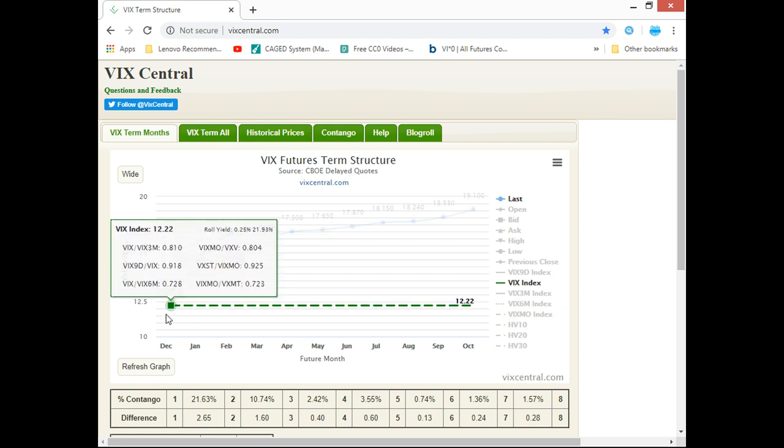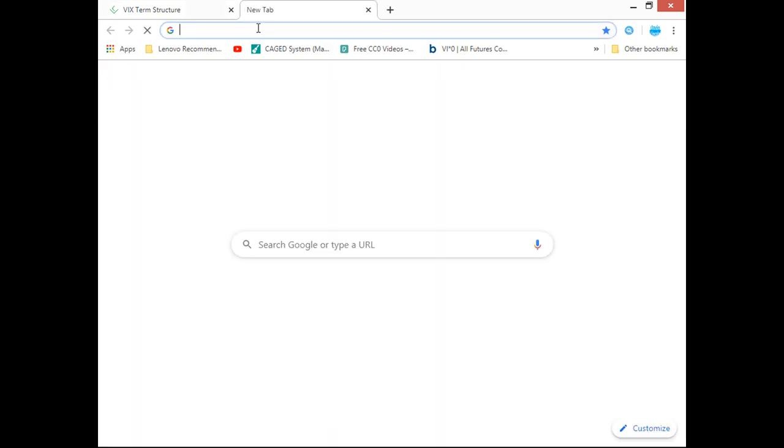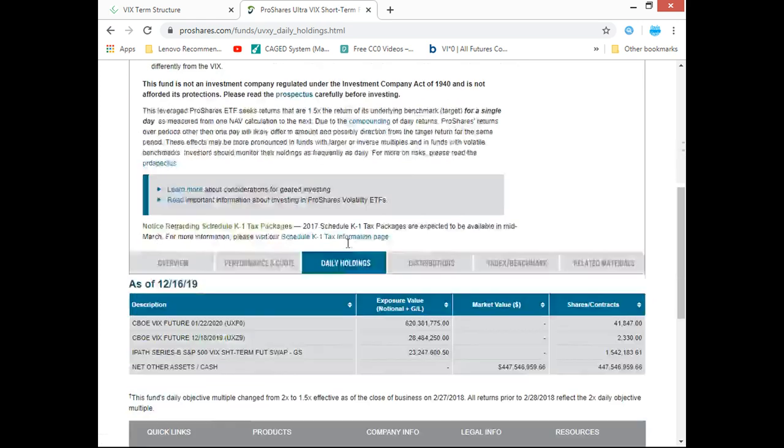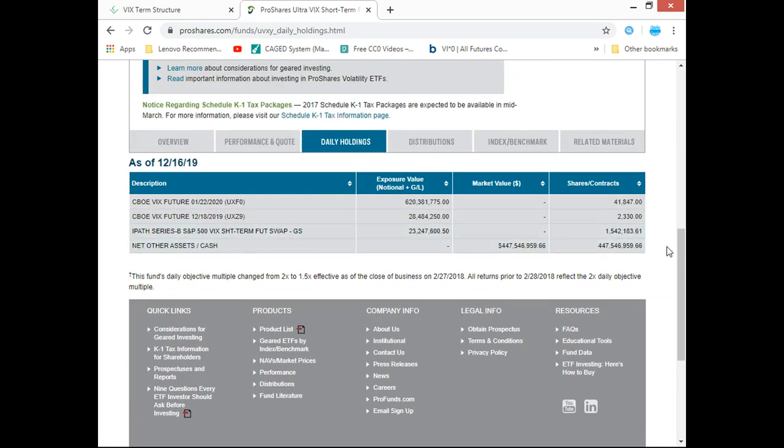And thus, if we were to pull up UVXY on the ProShares website, we would see that right now, or this is a day ago, but essentially right now, they own 2,300 of these December futures, and they own 41,000 of the January futures.